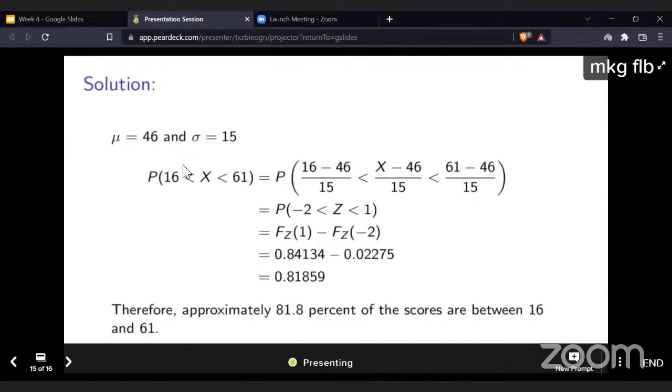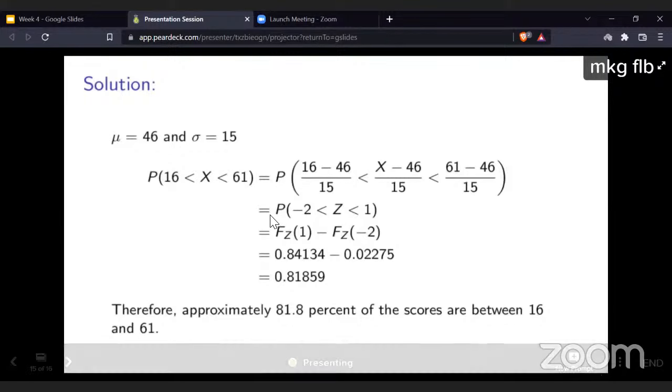So the probability that X lies between 16 and 61 becomes the probability that Z lies between minus 2 and 1.